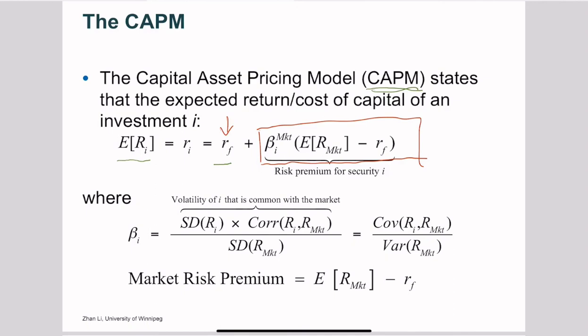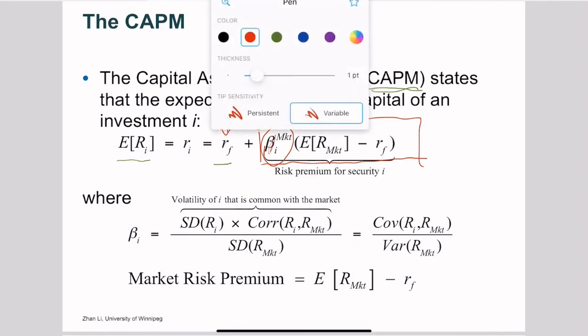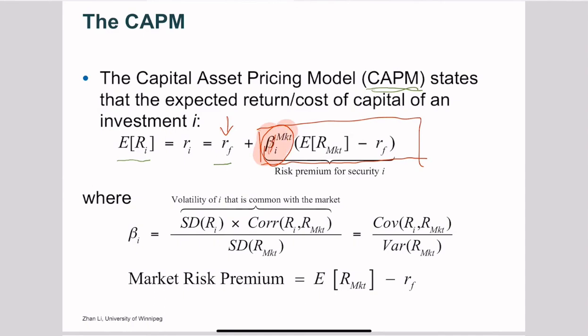It's also a risk premium because it's beta times something. What is beta? Beta essentially measures your risk exposure. So beta times the expected return of the market minus the risk-free rate gives you the risk premium.